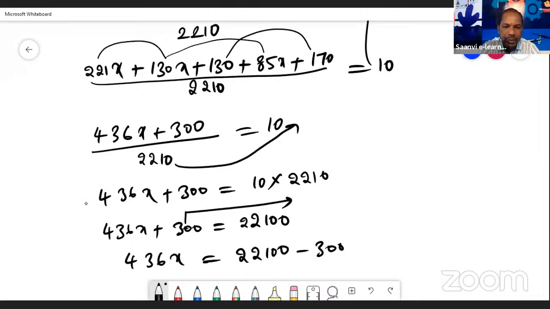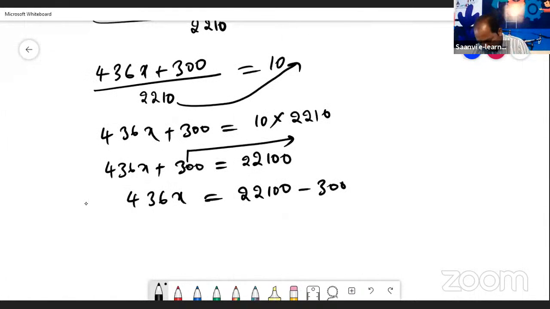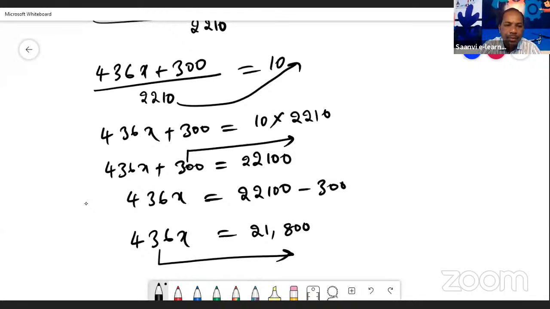Now subtract it. How much do we get? 2,21,000 minus 300 is equal to how much do we get here? 21,800 we get. Again this 436 send this side.